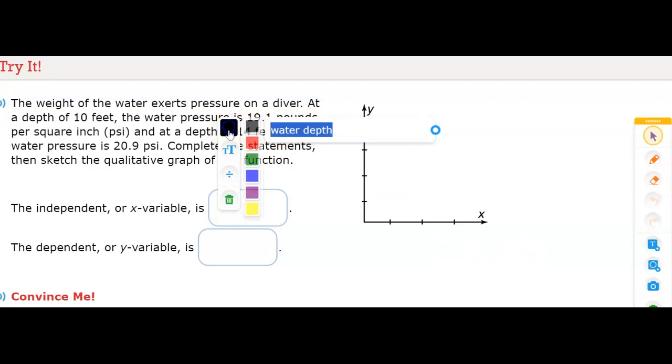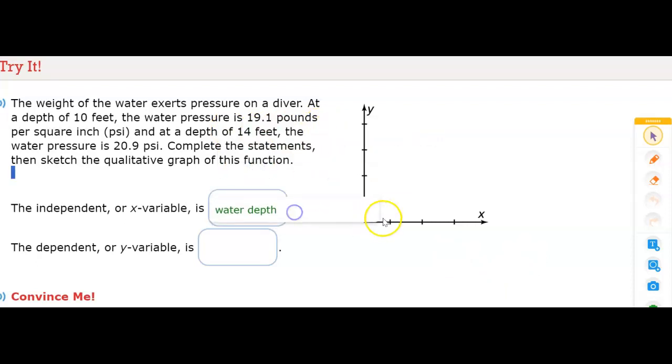and the dependent variable would be the water pressure, because that is what the depth affects. That changes based on what the independent variable is.